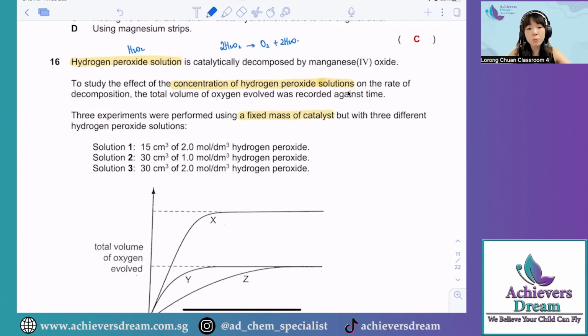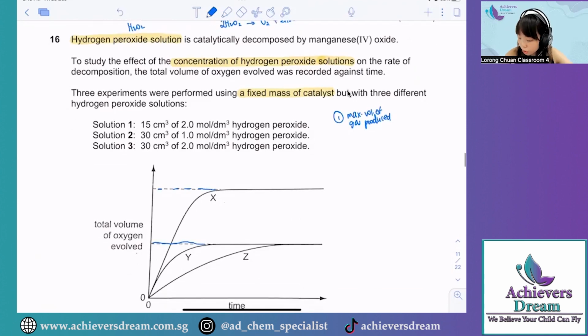Now, when it comes to speed of reaction graph questions, there are 2 aspects that we will take note of. The first one is the maximum volume of gas produced, and this depends on the number of moles of limiting reagent. So what do I mean by this?